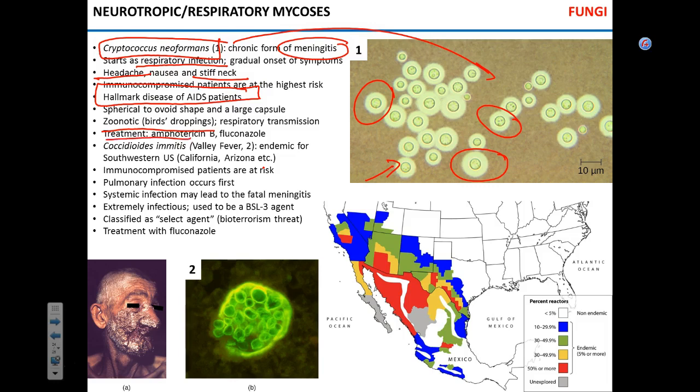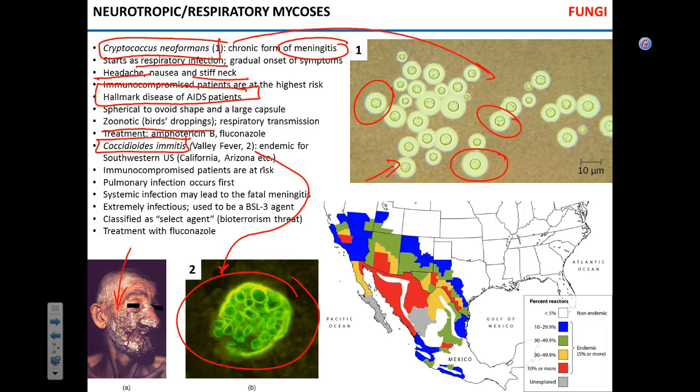Another microorganism that causes neurological disease is Coccidioides immitis, also called valley fever. So here you can see asexual spores of Coccidioides immitis living in microconidia.